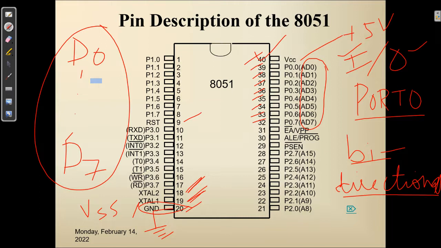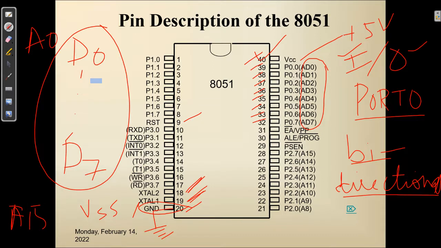My question is, as far as 8051 is concerned, how many address pins, or how many address bits are there? Total address bits. How many address bits are there? और your address bus का size कितना होता है? 16. Yes, 16. So can I say 16 means A0 से लेके A15.